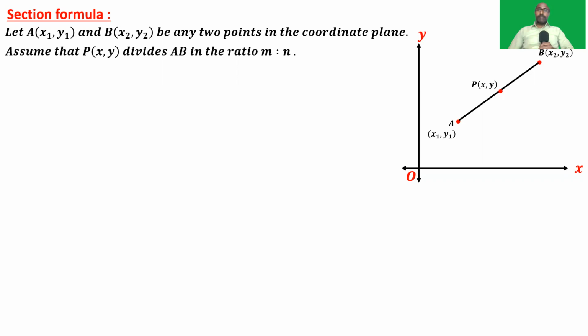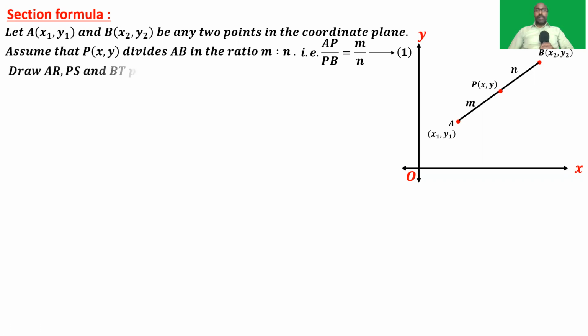Like this, P(x, y) is dividing the line segment AB in the ratio m:n. That is, AP is to PB is equal to m:n. So it can be written as AP by PB is equal to m by n. Take it as equation 1.